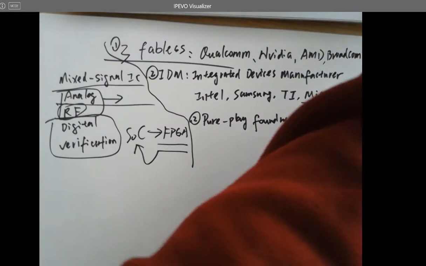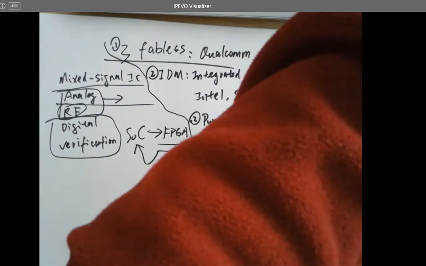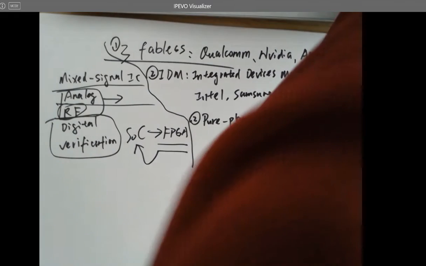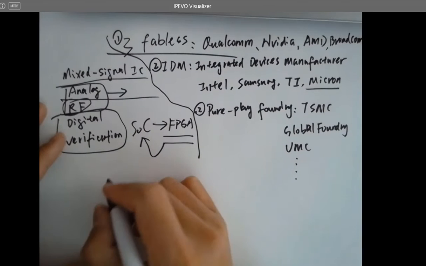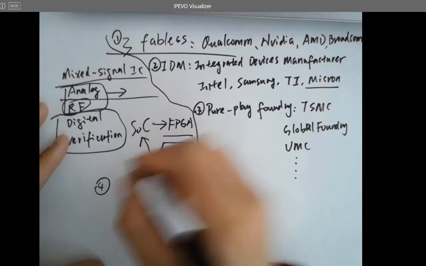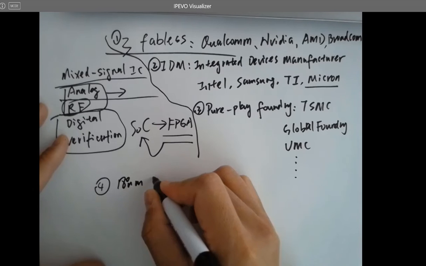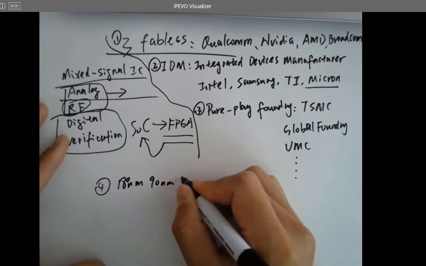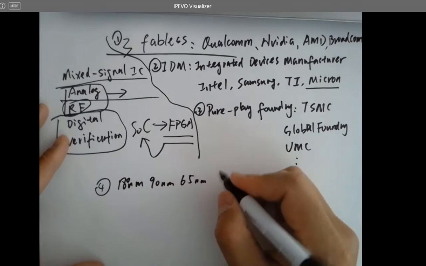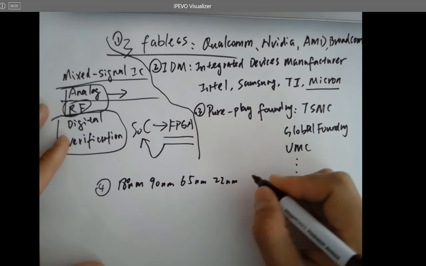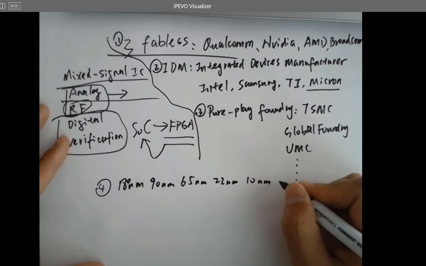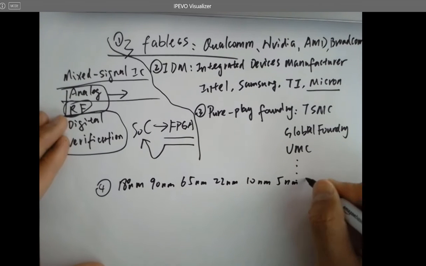And when the technologies are commercialized, I'm going to start from 180 nanometer, and then 90, 65, 22, 10, 5, and 2.